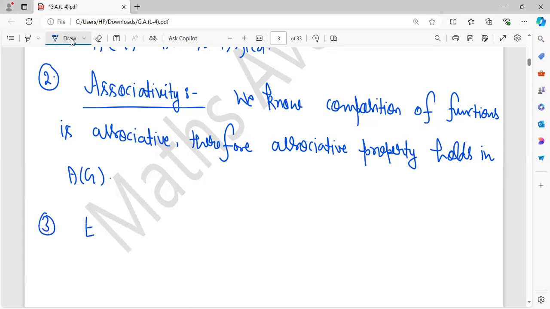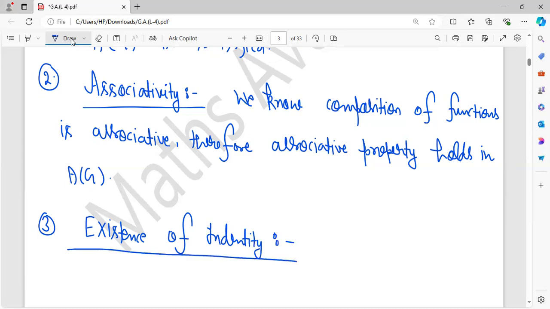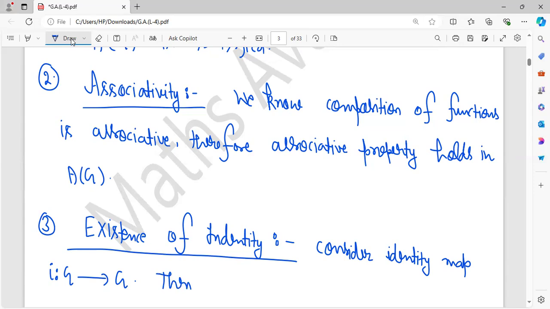Now, existence of identity. Now consider the identity map I from G to G. Then what is the meaning of the identity map?